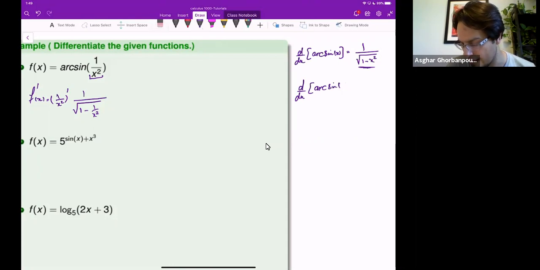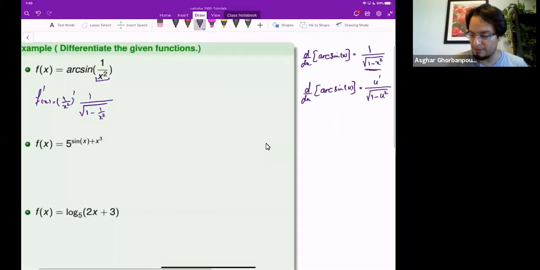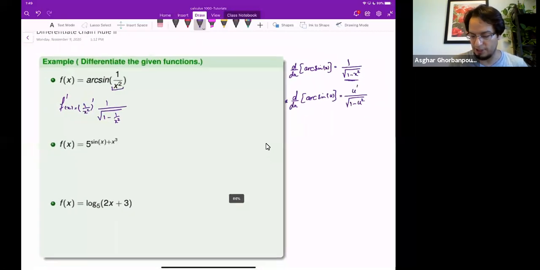So instead of x, if you have any function there, the derivative would be u prime over root of 1 minus u squared. You either apply the chain rule there or you use this version of the derivative of arc sine.